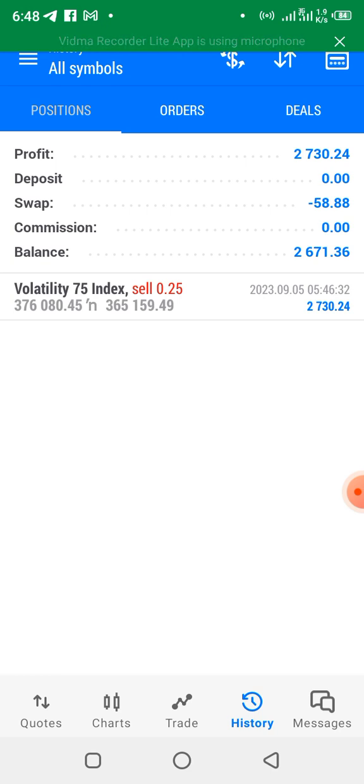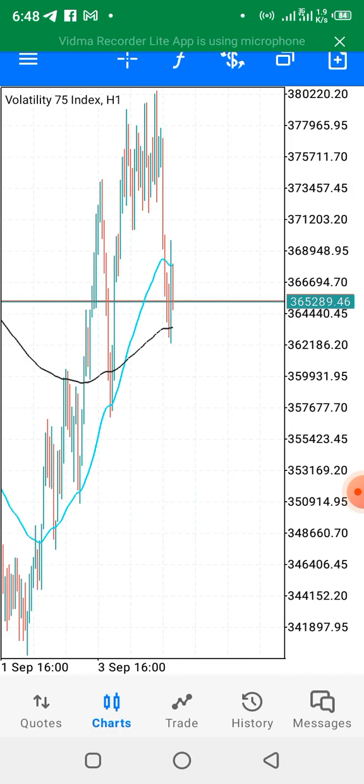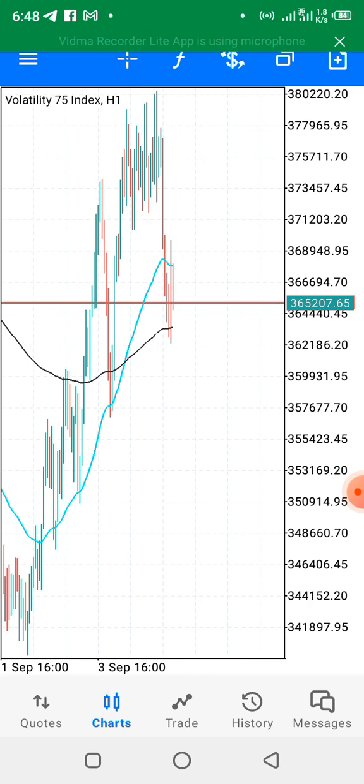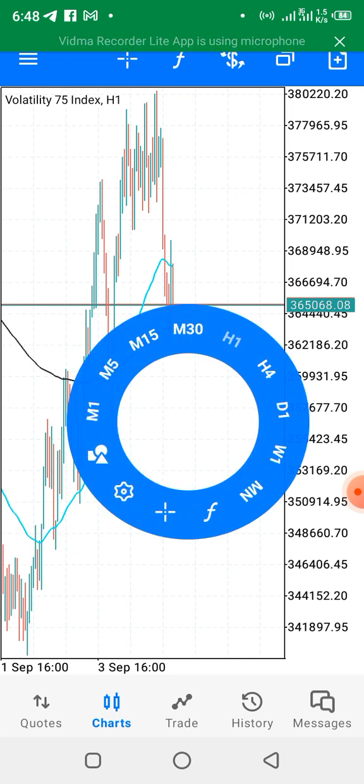All right, so let's go back to charts. One more thing I want to share with us here is time frames. When you tap on your screen like this, just tap on it, bam, something will pop up in a circular form. Carefully look at it.